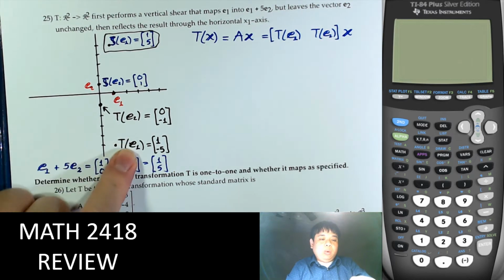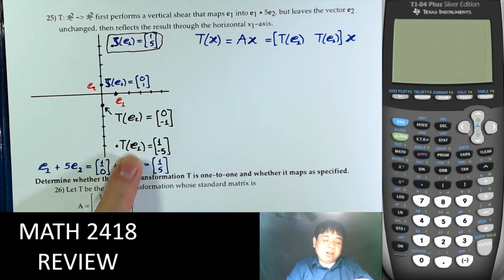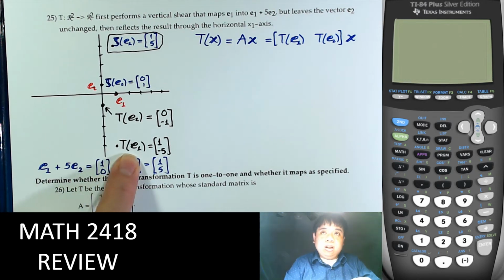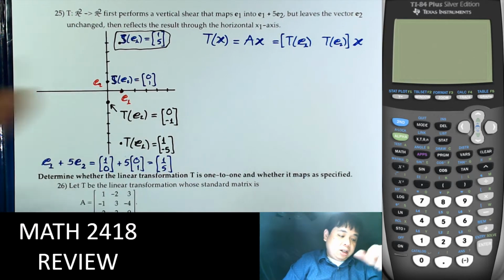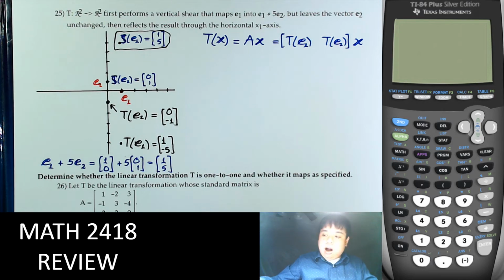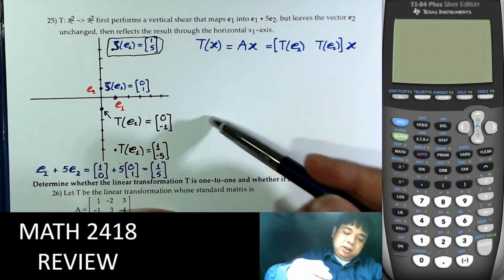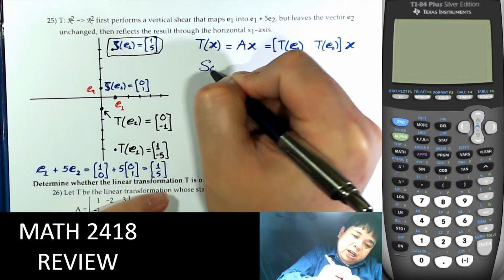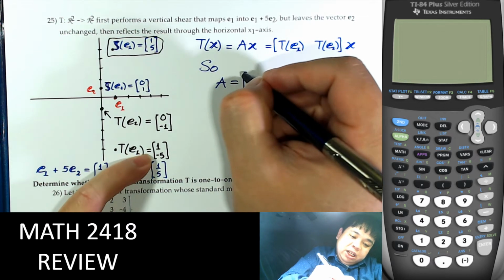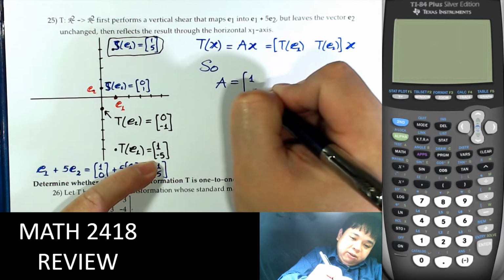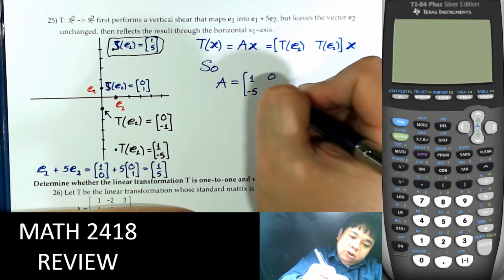So after two actions, the transformation of E1 is that, the transformation of E2 is that. So we put the columns together. We have the matrix A equal to TE1 1 negative 5 and TE2 0 and negative 1.